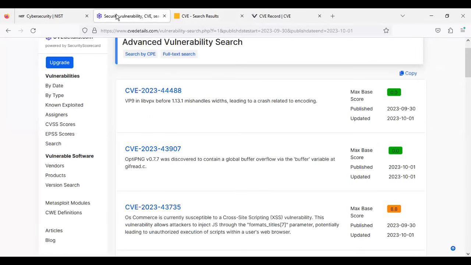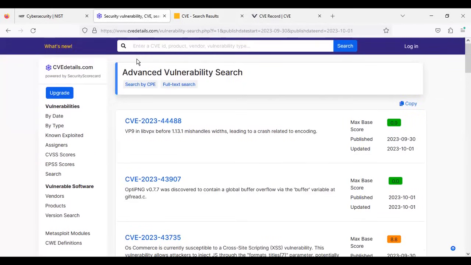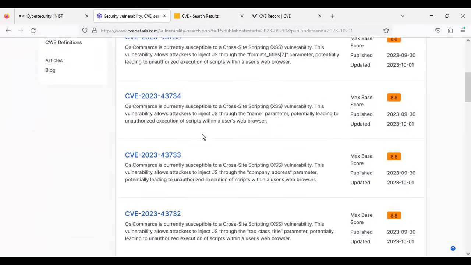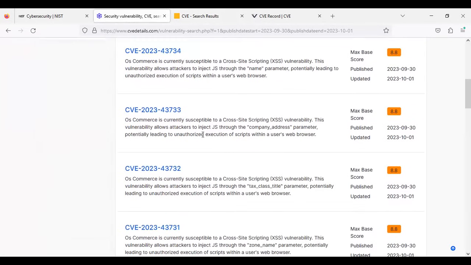And also we have another vulnerability search. We have the IDs of vulnerabilities. This is 2023, and these are the ratings of these vulnerabilities. There are some vulnerabilities that come with very low risk. You don't really need to worry about them, though they might be sitting on your network.